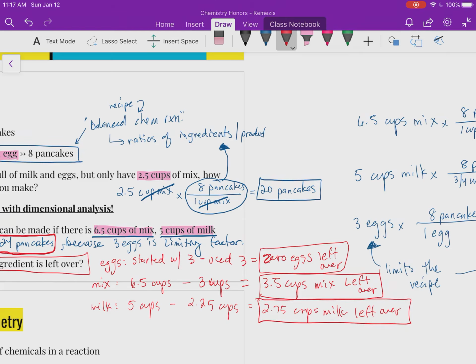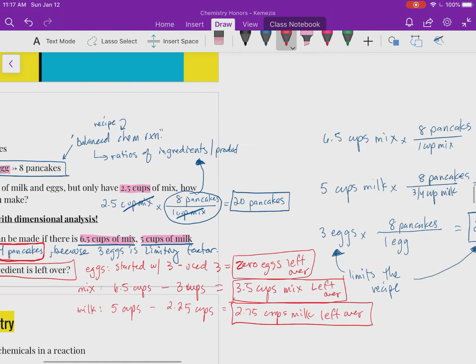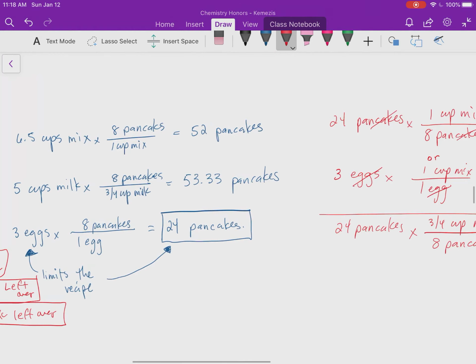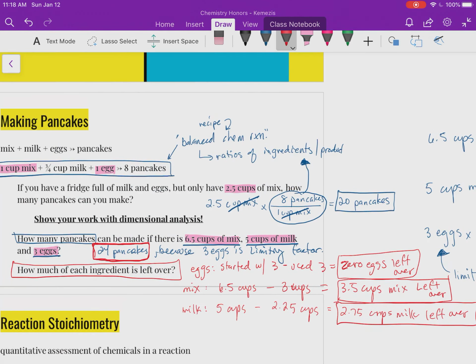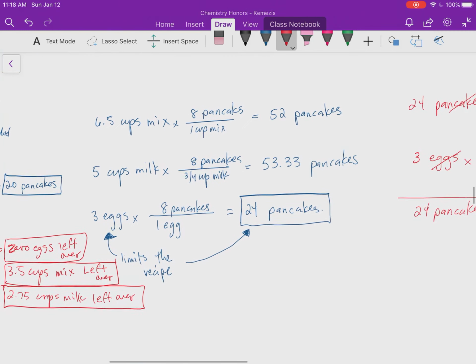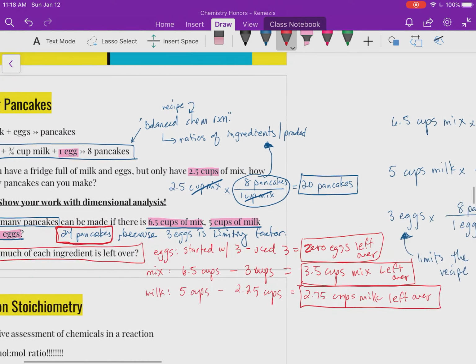Okay, so there's quite a few different questions that we can ask when we're doing these problems, but they all are relying on this balanced chemical reaction, the ratio of the ingredients to the products, or the reactants to the products. And everything that we did involved that ratio, okay?